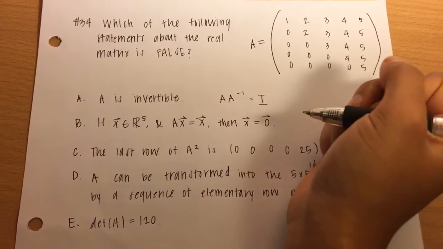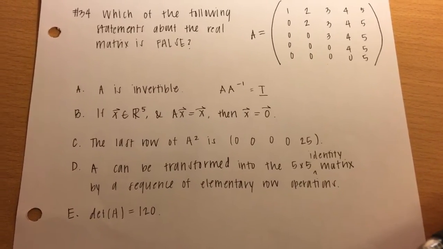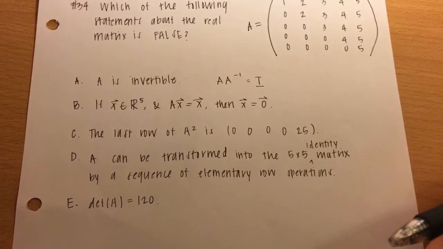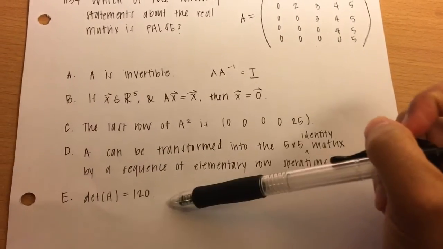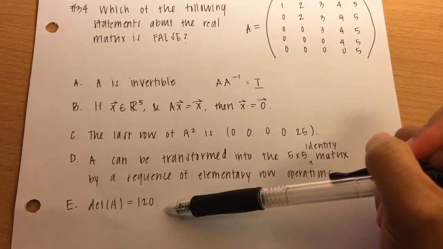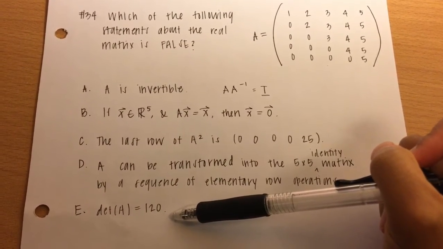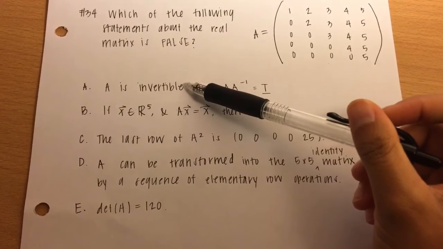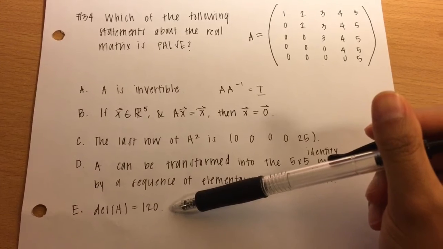Another way to determine if a matrix is invertible is if its determinant is not 0. So let's take the determinant. Just kidding. If we look at the last option though, which says that the determinant of the matrix is 120, this supports that A is invertible because the determinant is a non-zero number.